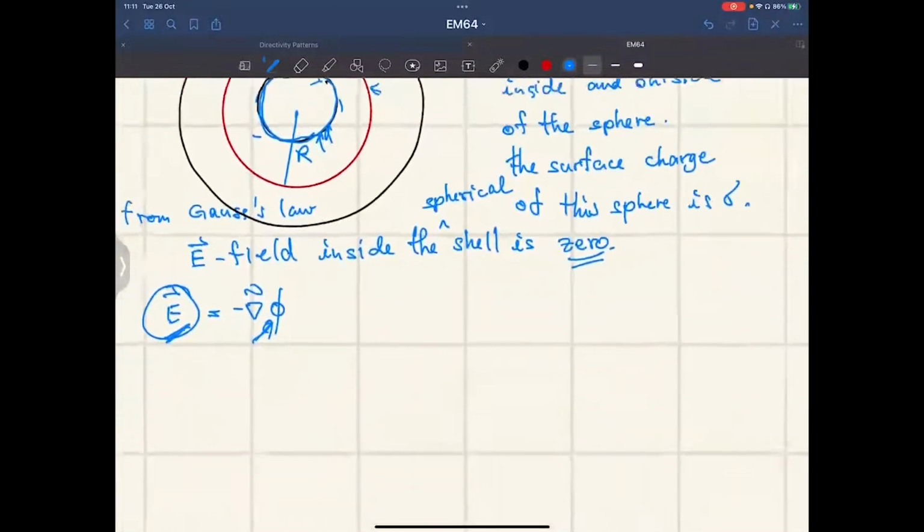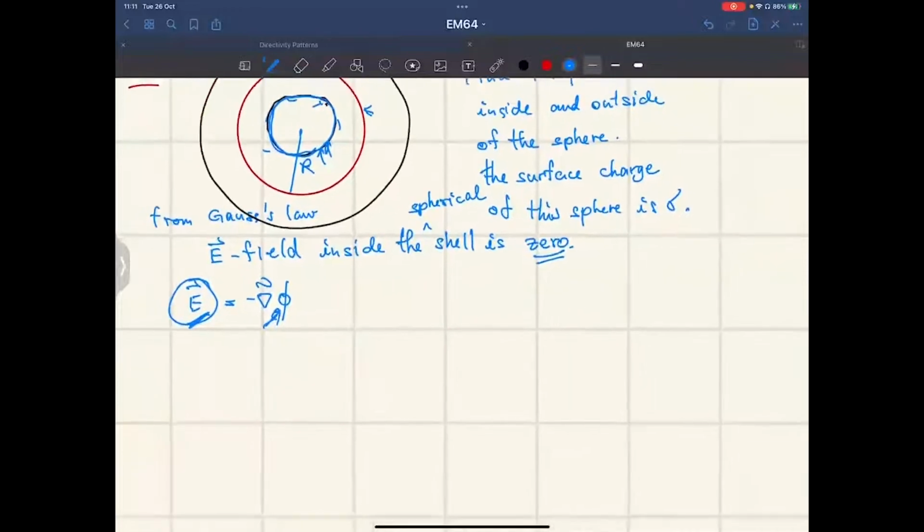Okay, now let's consider outside the sphere. So outside the sphere, E field is what?